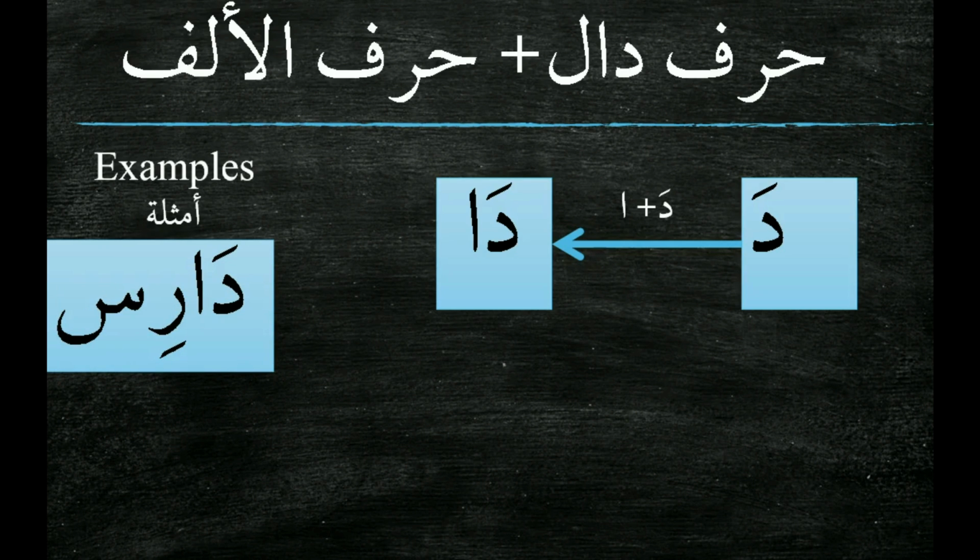You don't say doris, you don't say deres, you say daris. You do not change how the alif sounds at the beginning from the last end of the alif. You say daris.